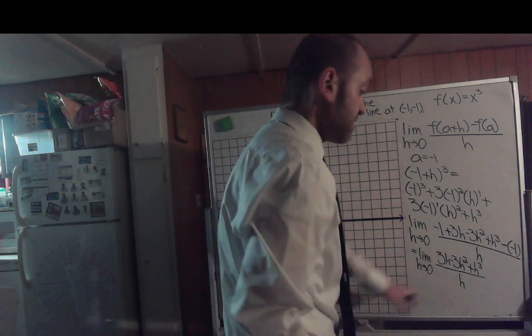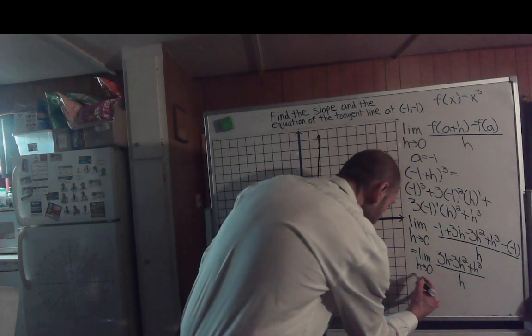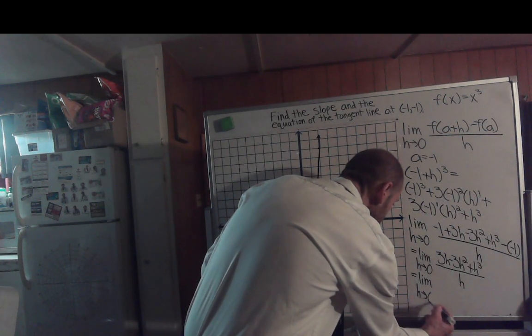Well, notice you can divide both numerator and denominator by a common h, so this would end up equaling the limit as h approaches 0 of 3 minus 3h plus h squared.